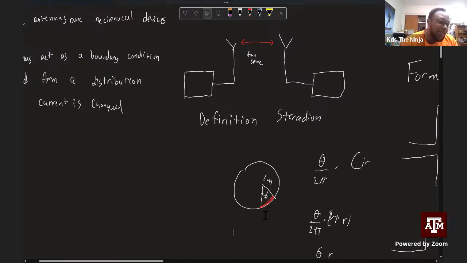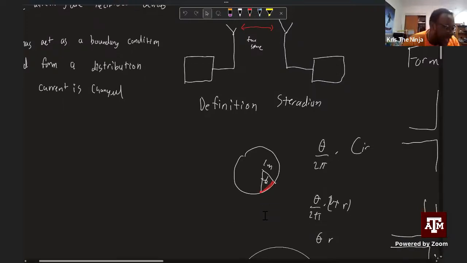You take theta and divide that by 2 pi, and multiply that by the circumference. So that's theta times 2 pi r.